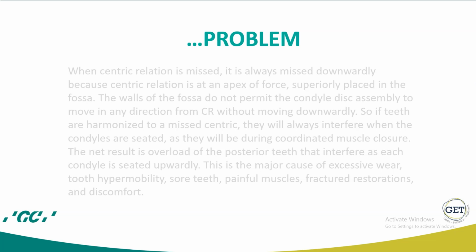So if teeth are harmonized to a missed centric, they will always interfere when the condyles are seated, as they will be during coordinated muscle closure. The net result is overload of the posterior teeth that interfere as each condyle is seated upwardly.